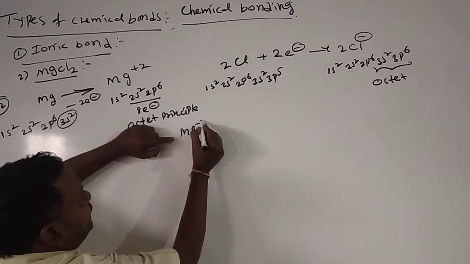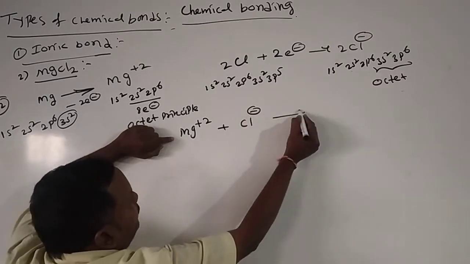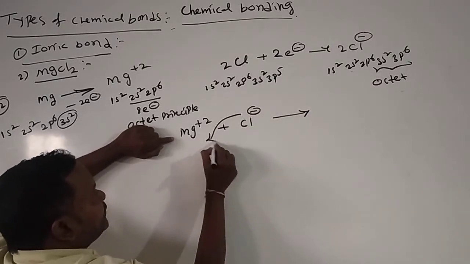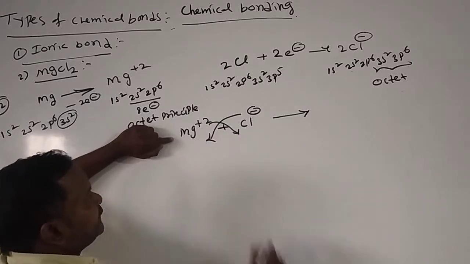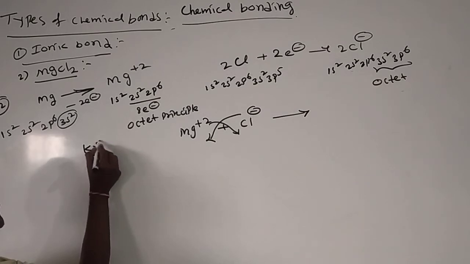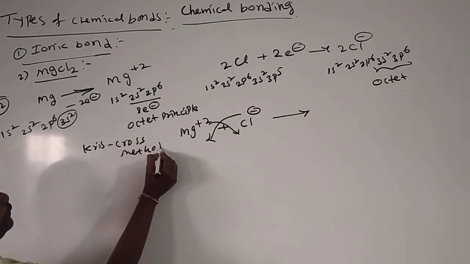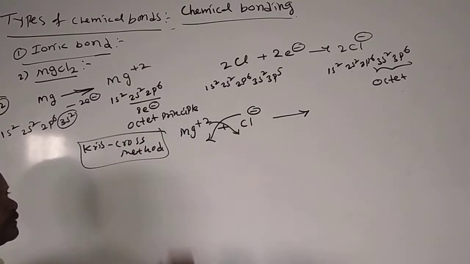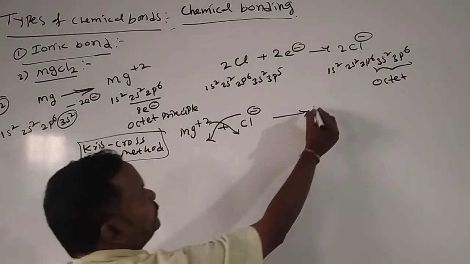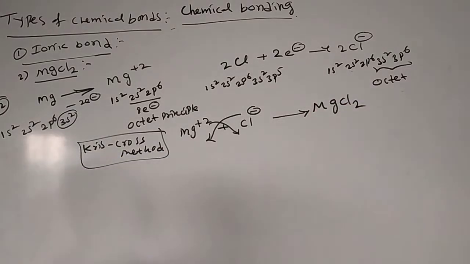Mg plus 2 plus Cl minus. Use the crisscross method. Then MgCl2 is formed. This is the formation of magnesium chloride.